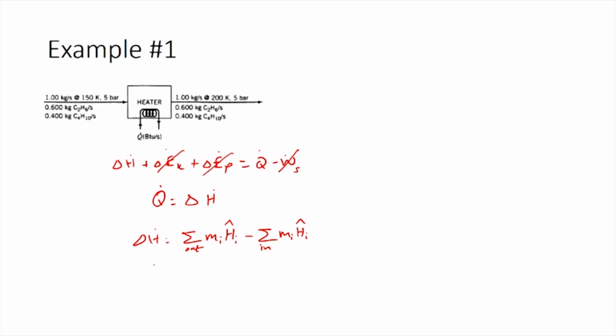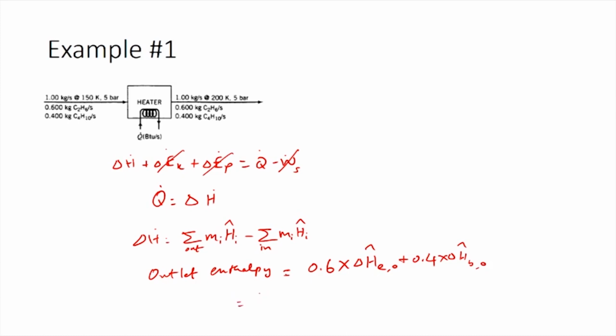Now, let us calculate the outlet enthalpy. Outlet enthalpy would be equal to 0.6 kilograms of ethane times the ΔĤ of ethane in the outlet plus 0.4 kilograms of butane times ΔĤ of butane in the outlet.